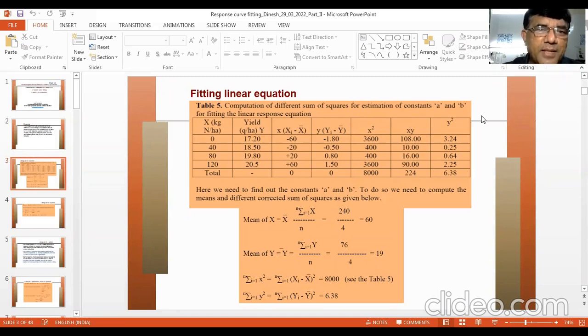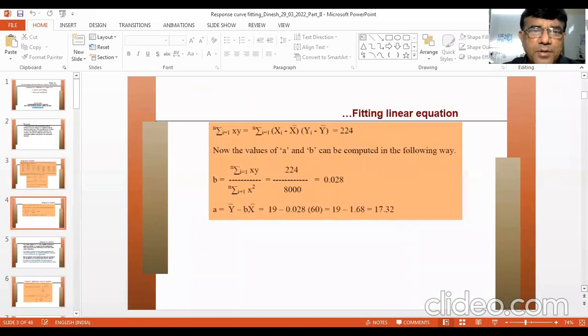The first purpose is to make the equation. In this case you have nitrogen levels as x and yield as y, your dependent variable. So you have different parameters, and small x is equal to xi minus x bar. Likewise, you can calculate these parameters, and they will help you compute the values of b and a.